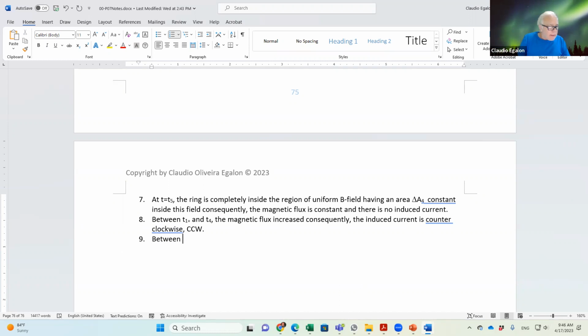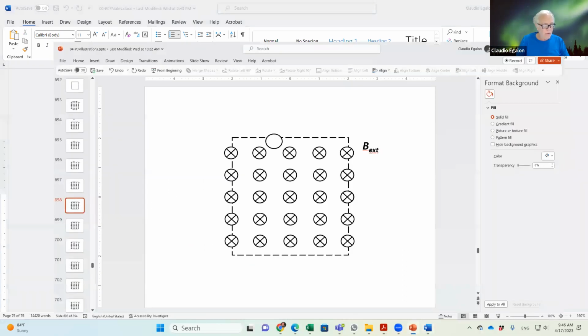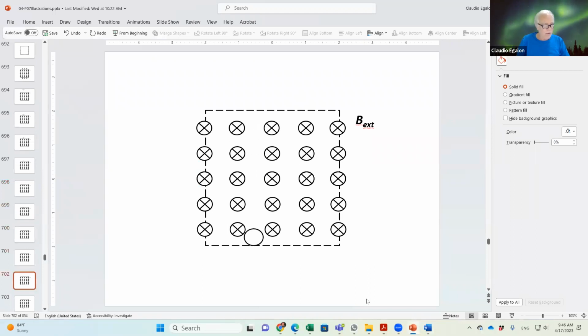Between T5 and, let's say, between T5 and I'm going to put T6, okay? T6 minus, I call this one here T6 minus.